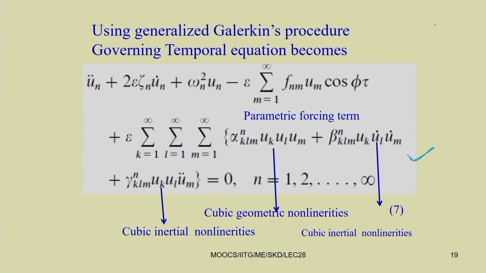For this case, we are taking an infinite number of modes. You can find the equation of motion this way, and if we take only a single mode, then this equation can be reduced to this form: u double dot plus 2 epsilon zeta u dot plus omega n square u minus epsilon f u cos phi tau plus epsilon alpha u cube plus epsilon beta u dot square plus epsilon gamma u square u double dot equal to 0.